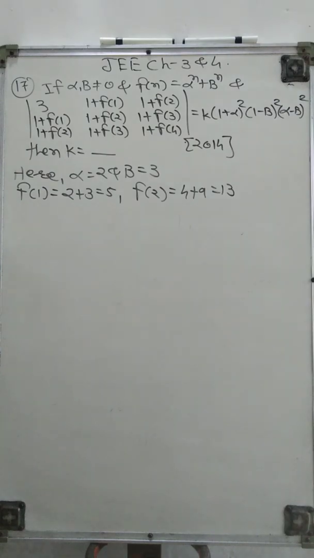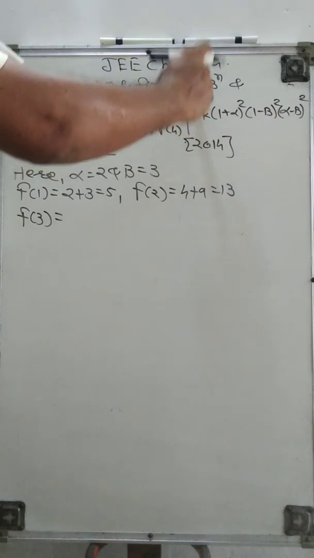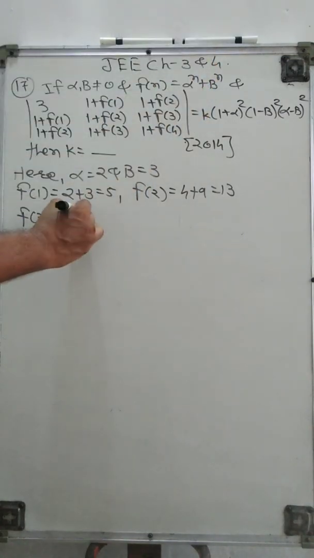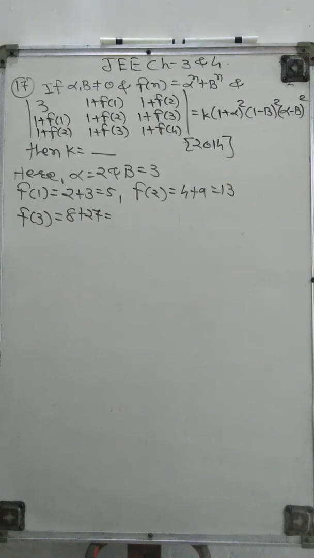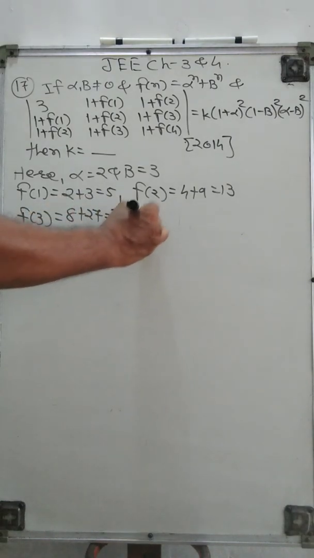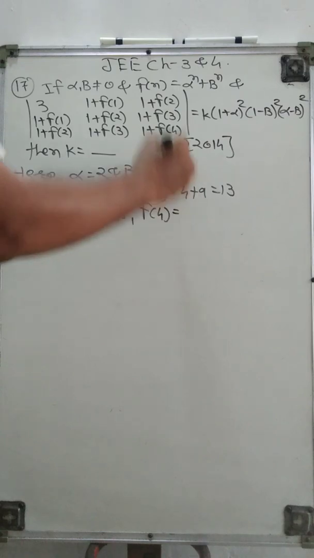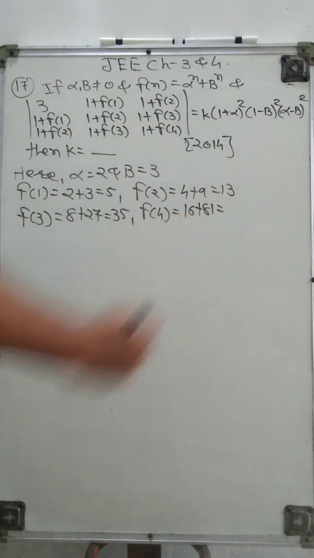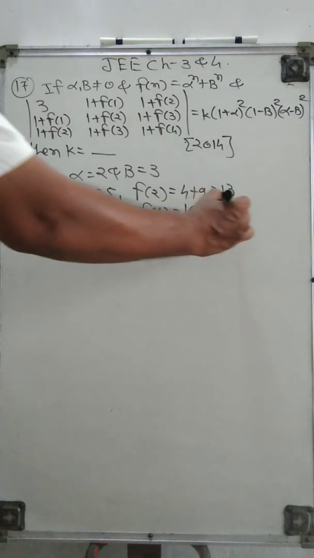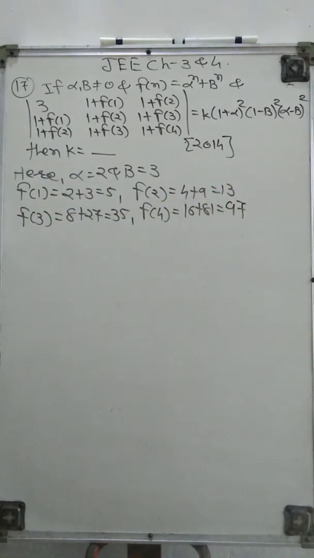Then f3 is 2 cube, 2 cube is 8 plus 27, this is 35. Then f4 is 2 raised to 4 is 16 plus 81, it is 97. Okay. Now you just put in both sides of the equation.